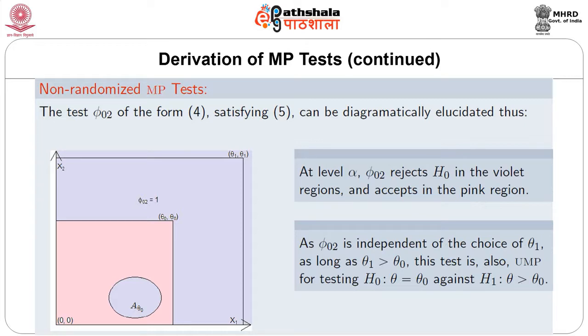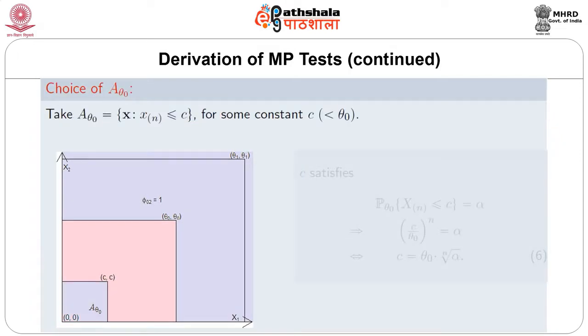So, you see, A theta naught can be any subset of this pink region such that the test is of size alpha, and that is a uniformly most powerful test. So, there are several uniformly most powerful tests. Now, choice of A theta naught.